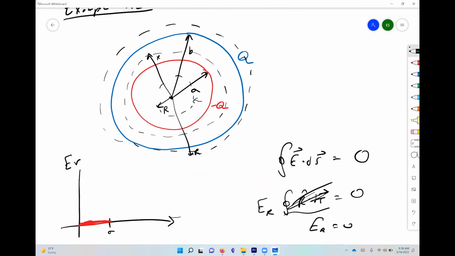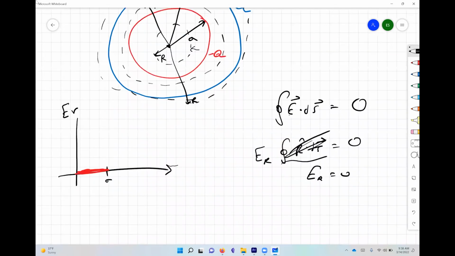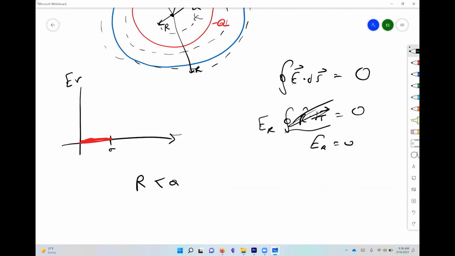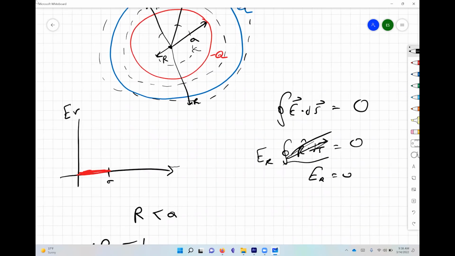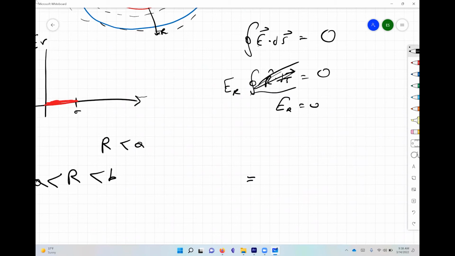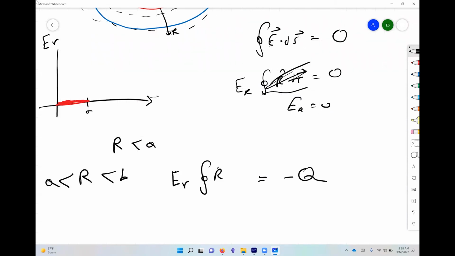Now what about the field from a to b? So this was r less than a. What about r larger than a and less than b? Q enclosed is what? It is minus Q. Then Gauss's law, E_r r hat dot dS. Again, I can take this E_r out as a constant because the problem has spherical symmetry.